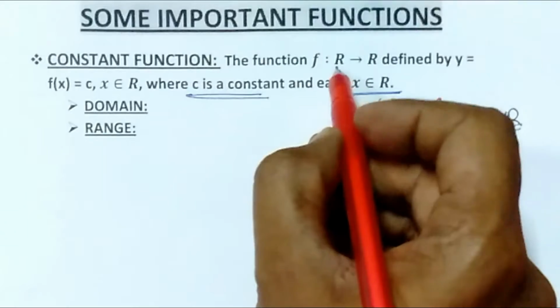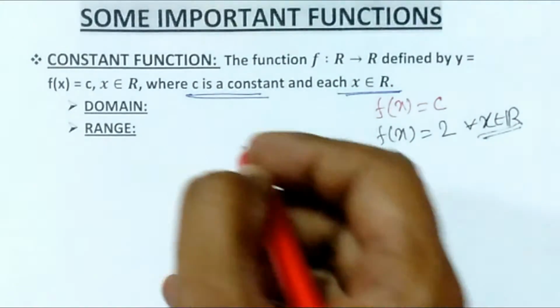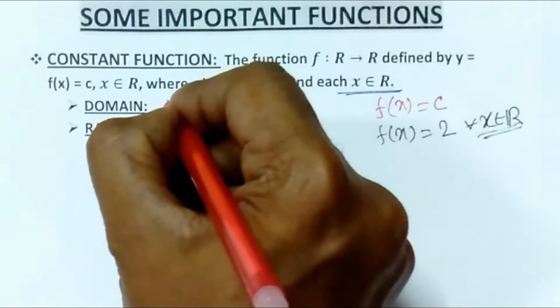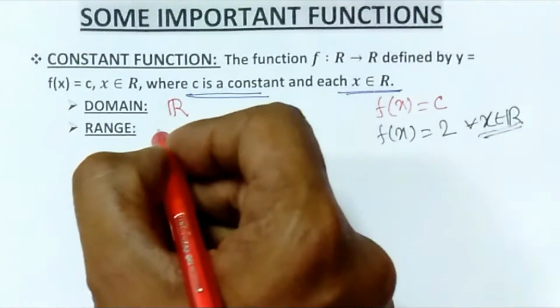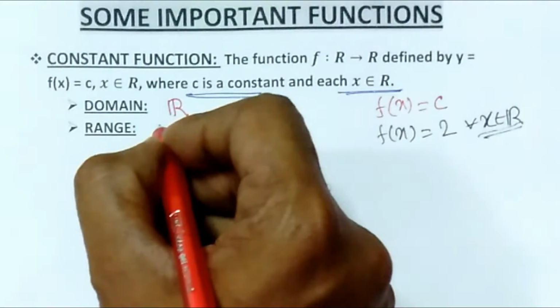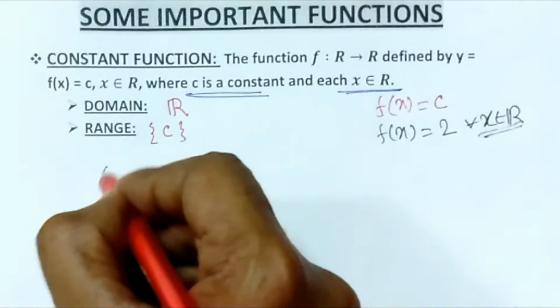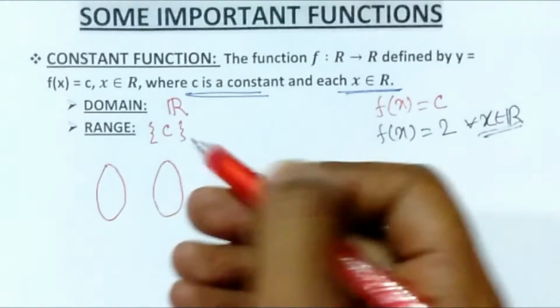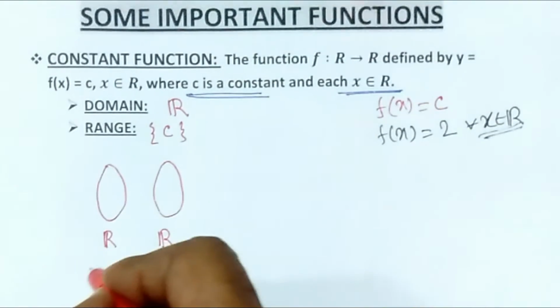Clearly we know that the first set is said to be the domain and the second set is said to be the codomain. So the domain of this function is R, that is the set of real numbers, and the range is c, the constant. Why? If we draw two sets, this is the domain set, this is the codomain set.